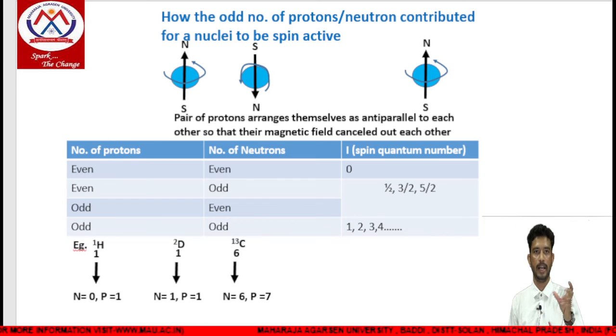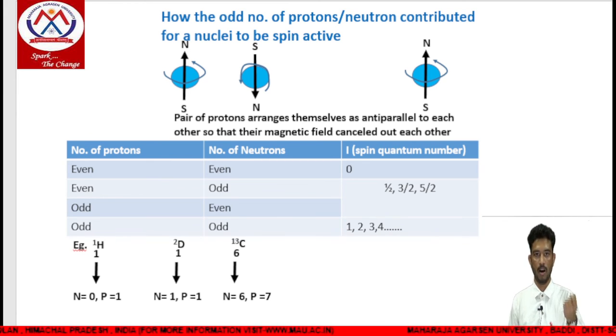It means they cancel the field generated by each other, so the net magnetic moment left is 0. Whenever we have paired protons or paired neutrons, the net magnetic moment is cancelled out, and such nuclei are NMR inactive.